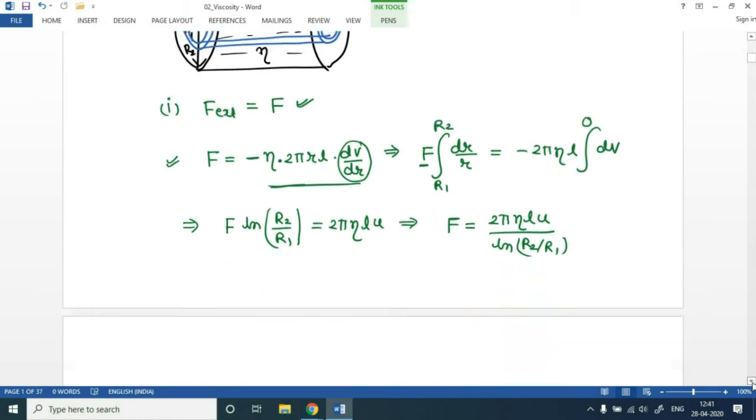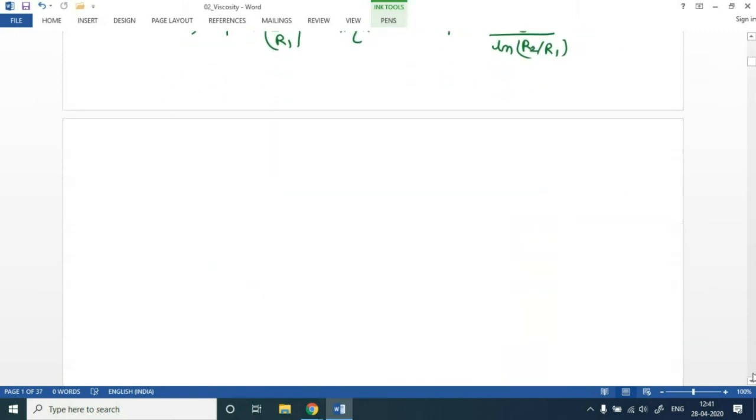Okay, so the next part of the question asks for the velocity profile. So let's try to find out the velocity profile over here. So again, looking at the same differential equation, dv will be equal to minus F divided by 2 pi eta L into dr by r, and we are integrating with appropriate limits.